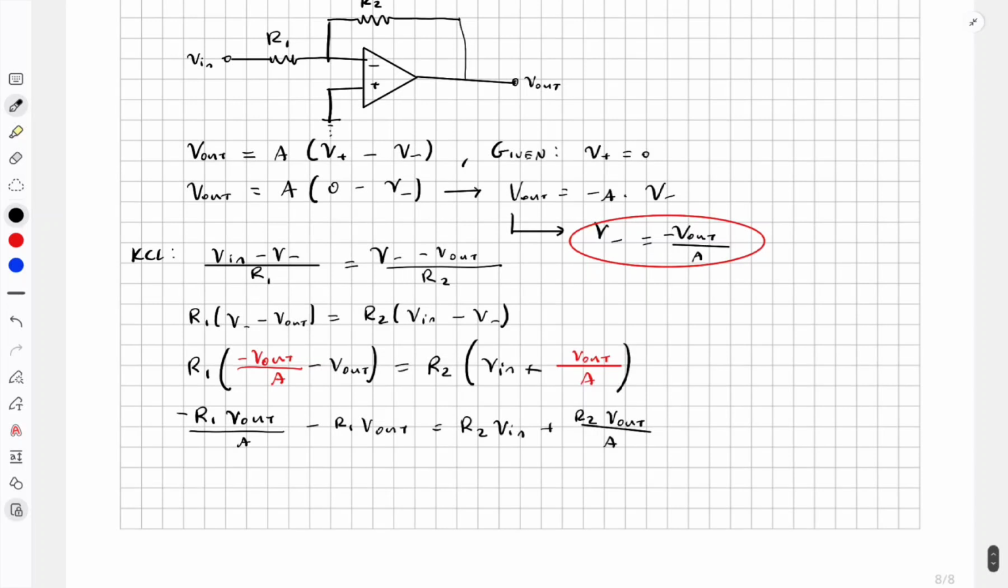We're trying to solve for gain, which is V out over V in. So every time we see V out, move it to the left side, and every time we see V in, move it to the right side. So that's negative R1 V out divided by A, minus R1 V out, minus R2 V out divided by A, equal to R2 V in.